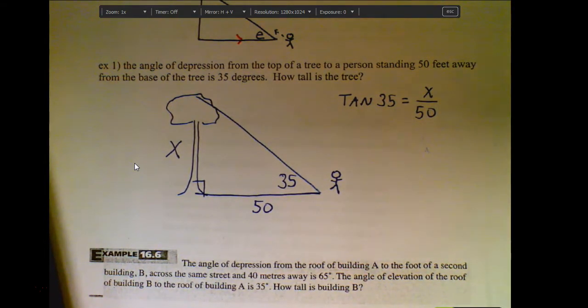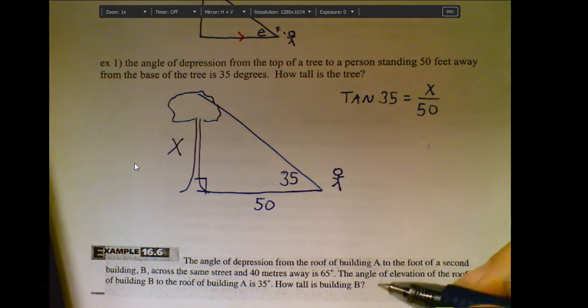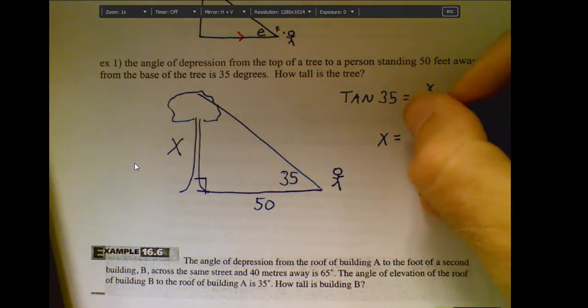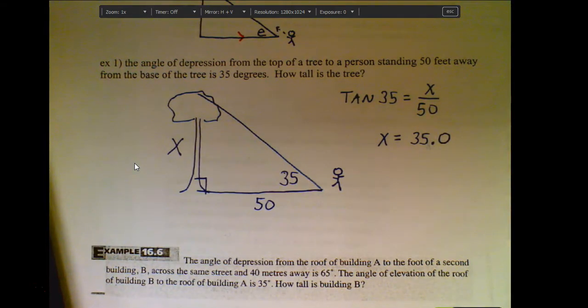Now we just solve for X. If we multiply our 50 over to here, in our calculator we're going to enter 50 times tangent of 35, in degrees as always. That leaves us with X equaling 35.0, since we want to keep our 3 sig fig rule.